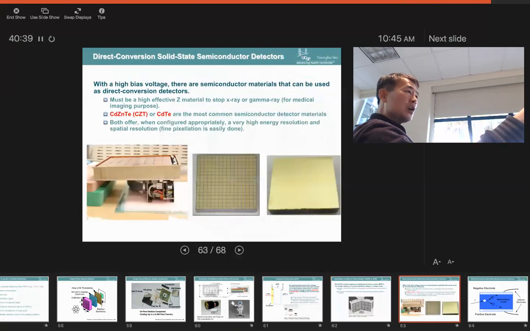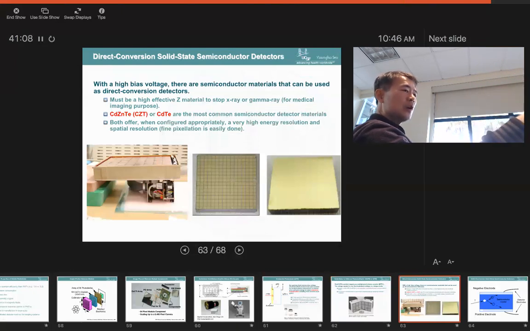The last thing I want to talk about is direct conversion solid state semiconductor detectors. This is actually, in principle, the most exciting for radiation detection, because we are not converting the high energy photon to scintillation light by a scintillator. If you have a material that can detect a high energy photon by directly converting it to charges, you don't have to have a scintillator and photodetector.